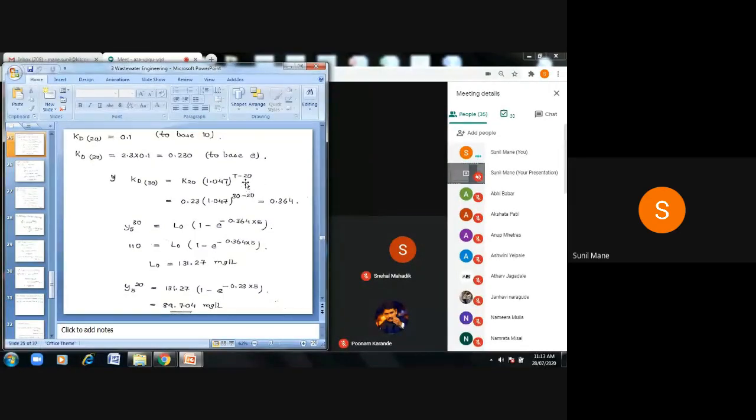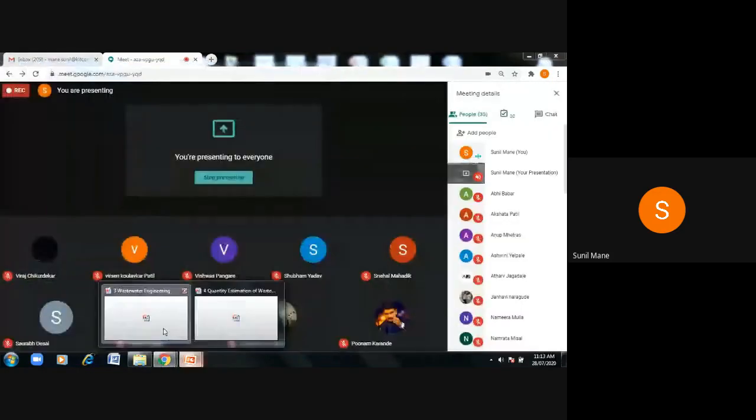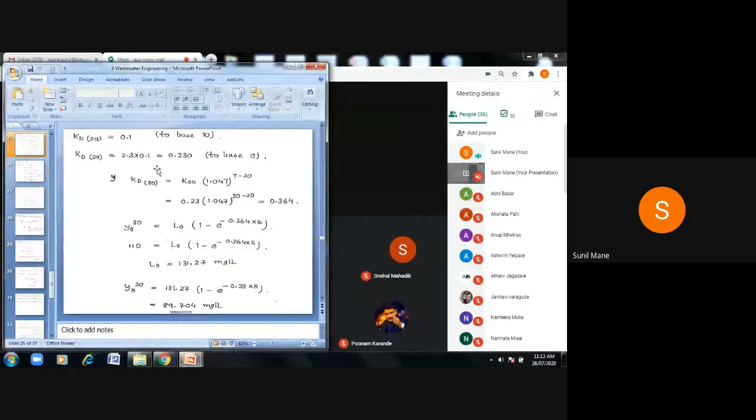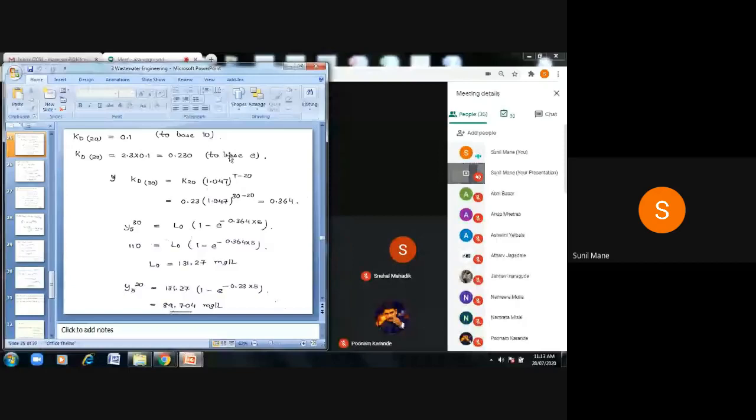Okay, so this is the formula. With the help of this formula, whenever we have K20, and in this case K20 is 0.23, just like our example, and it is with respect to base e, then K30 can be calculated: K20 into 1.047 raised to T minus 20.